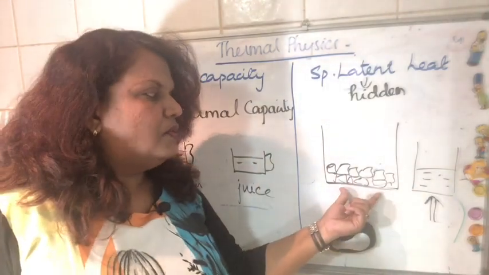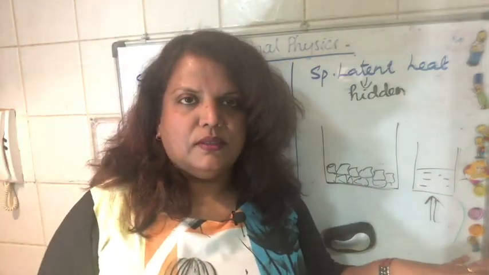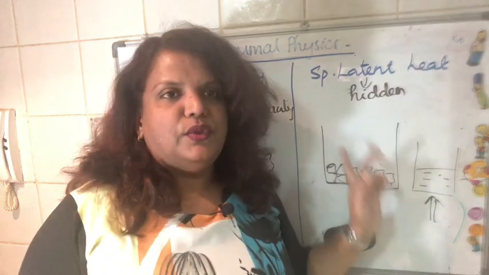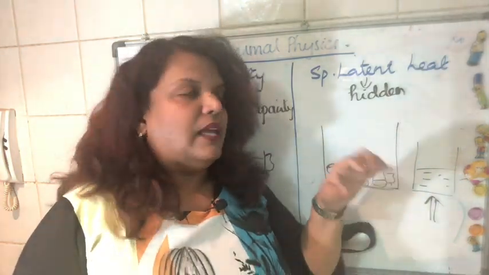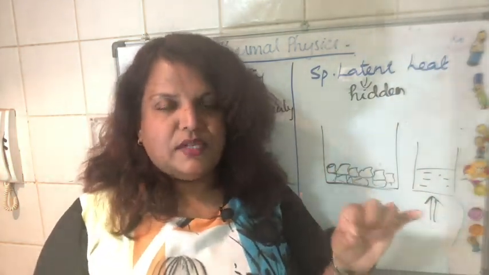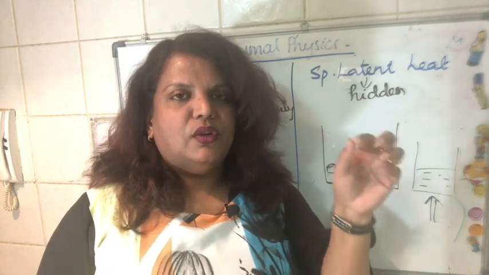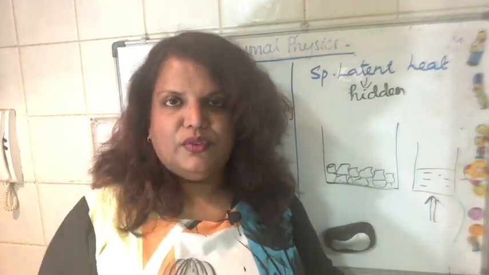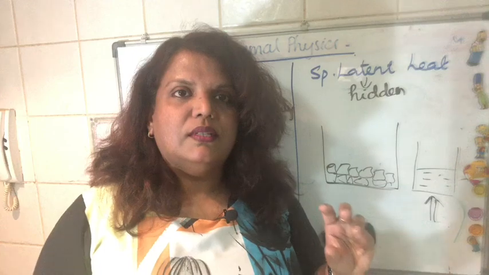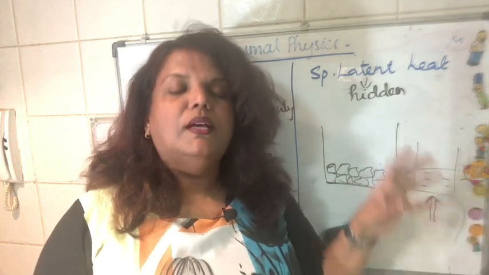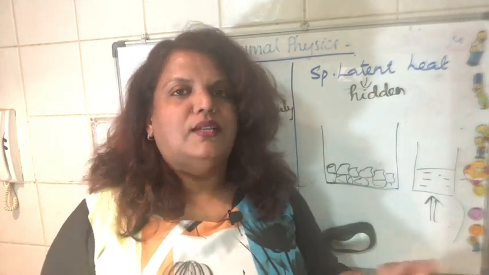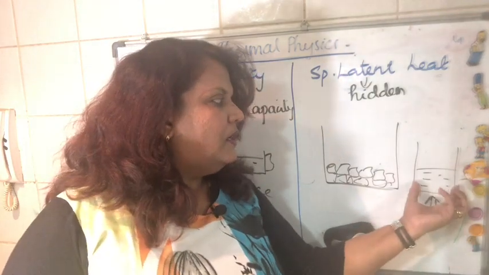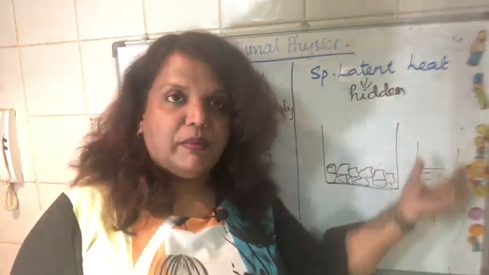Now, if it is from solid to liquid, we call that fusion. Specific latent heat of fusion is from solid to liquid. If the question is specific, what is the definition of specific latent heat of fusion? How should you frame it? The energy required to change 1 kg of a substance from solid to liquid without any change in temperature. Similarly, this will be specific latent heat of vaporization.